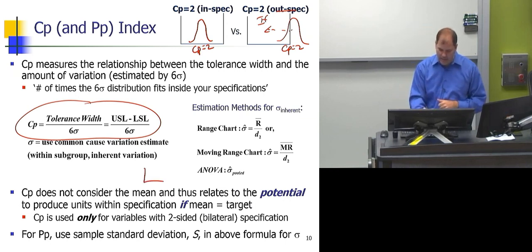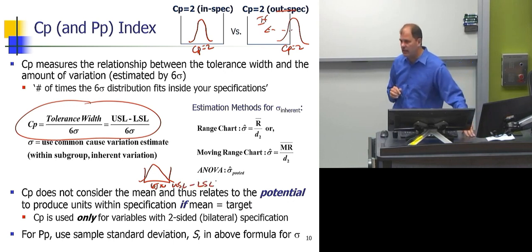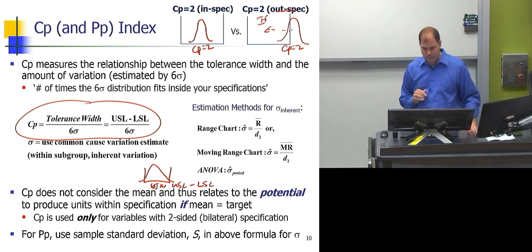By the way, if you had a CP of 1, you'd have something like this. 6 times the standard deviation will be basically equal to the USL minus the LSL. This could be a CP of 1 as an example. So I want CP numbers to be large or small? 2 is fantastic.